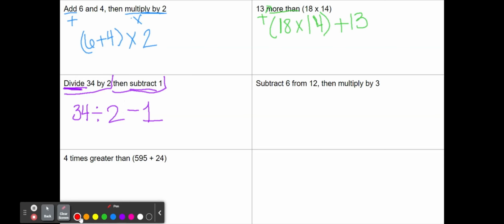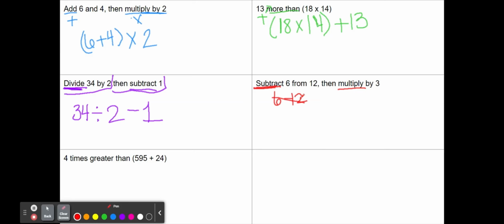In this problem, we had the word subtract and the word multiply. You have to be careful here, because most people will just subtract 6 from 12 and literally write 6 minus 12, and that's incorrect. What it's saying is you've got to subtract 6 from 12.